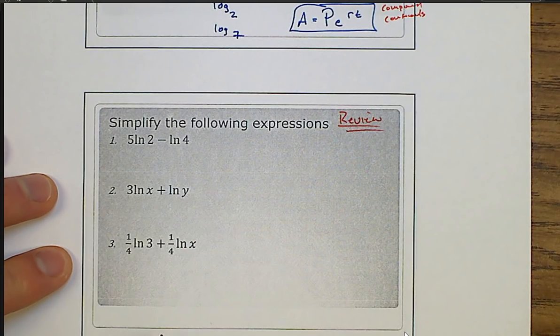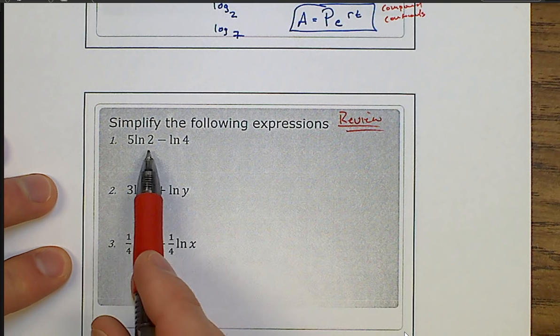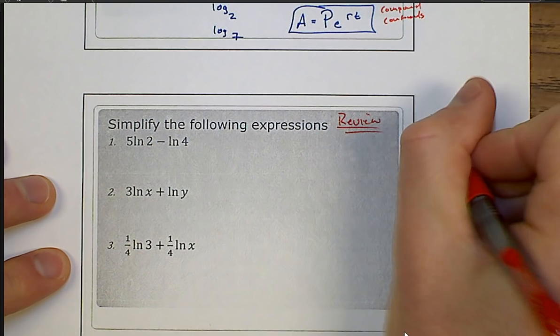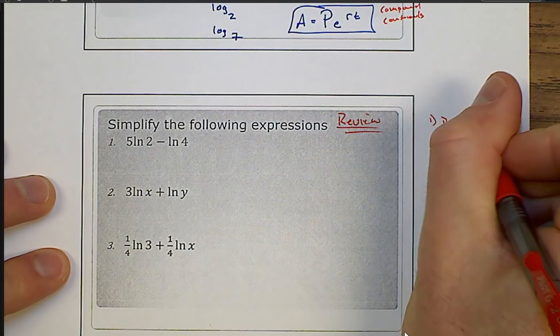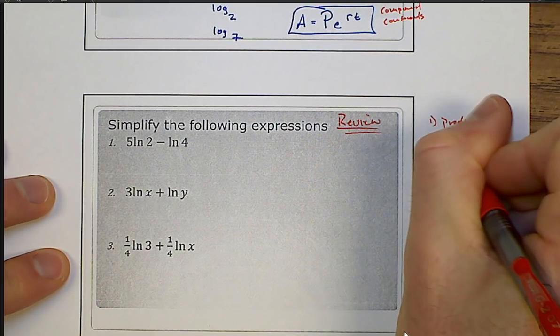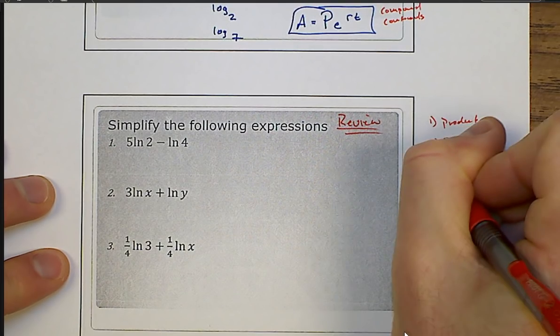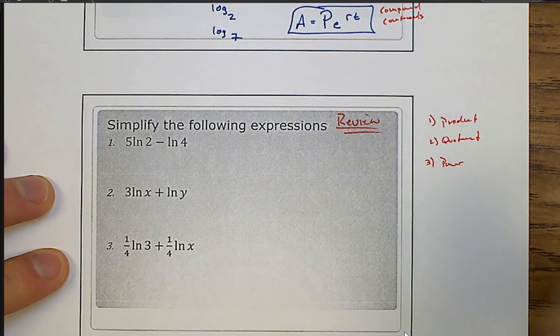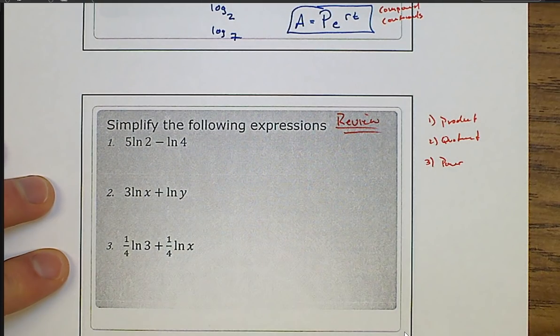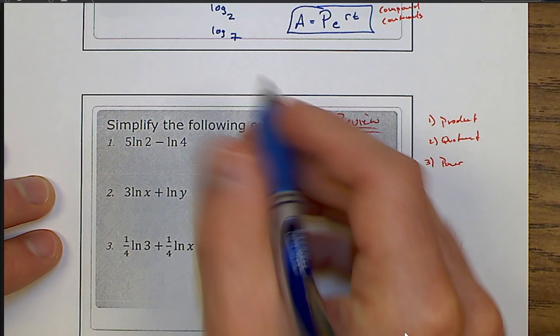The only difference is these have ln instead of logs. The product property, the quotient property, and the power property all apply to natural logarithms as well. You could hit pause and try these three. All we're doing here is condensing, so see what you come up with.